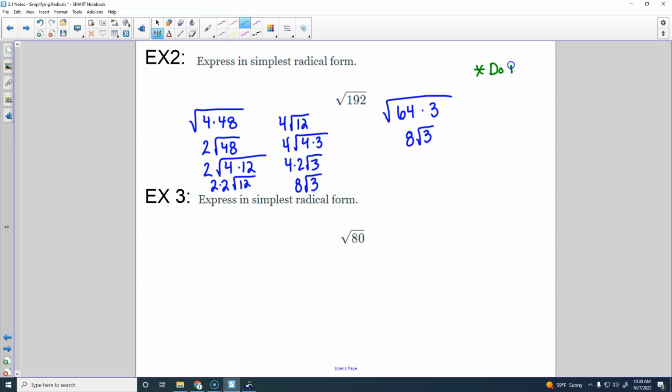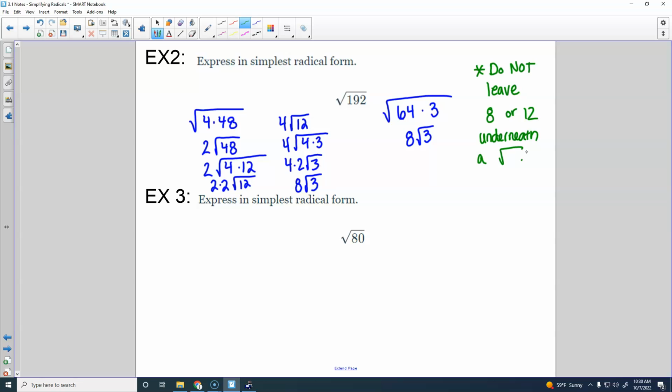Do not leave 8 or 12 underneath a square root. If you have square root of 8 or square root of 12, it will break down further.